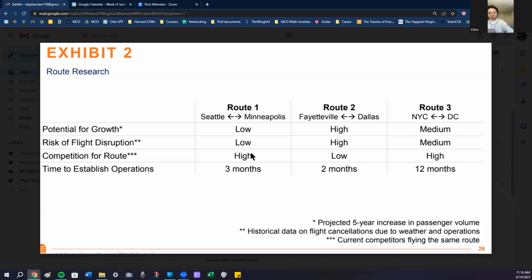In regards to increasing profitability as soon as possible and achieving a positive operating margin, I recommend our client pursue investing in the Seattle to Minneapolis route.